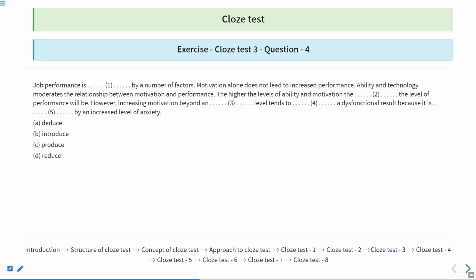So we said higher here. So higher the level of ability, higher the performance will be. However, increasing motivation beyond an optimal level tends to dash a dysfunctional result. Reduce, introduce, produce, or deduce. Which one will it be in case of 4?